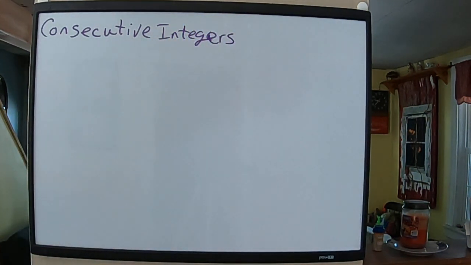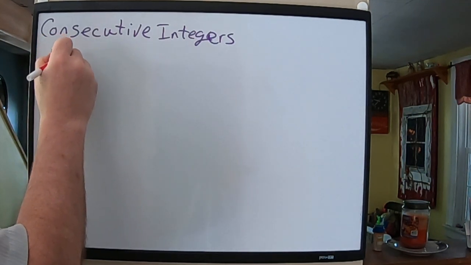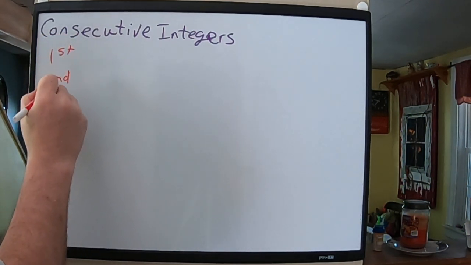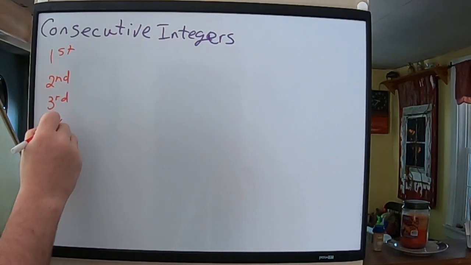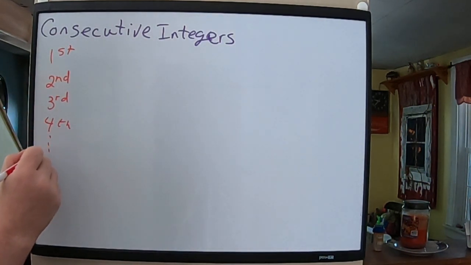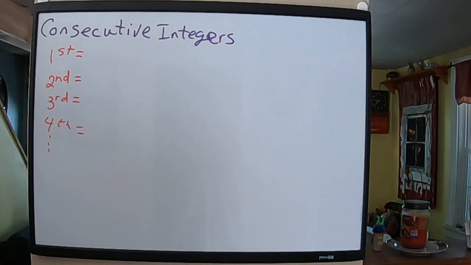So when we're talking about consecutive integers, when we name them, however many we have, first, second, third, you could write out the word if you'd rather, fourth, however many you have, okay? The first integer is our unknown, so there's our x.